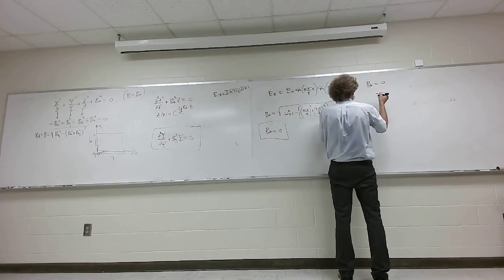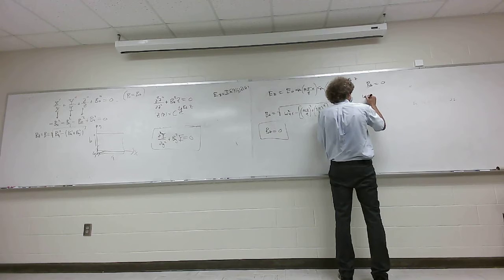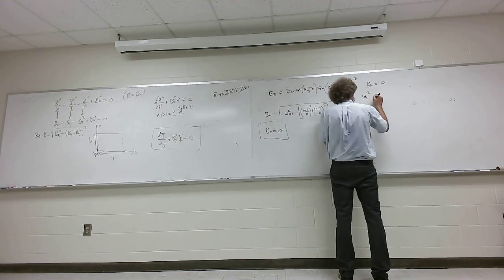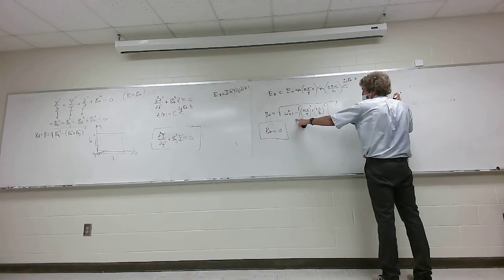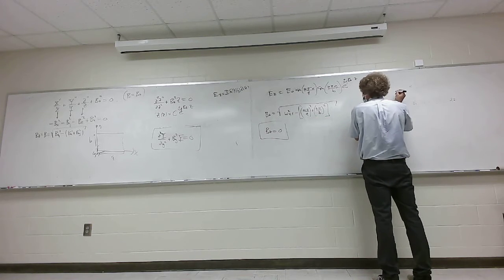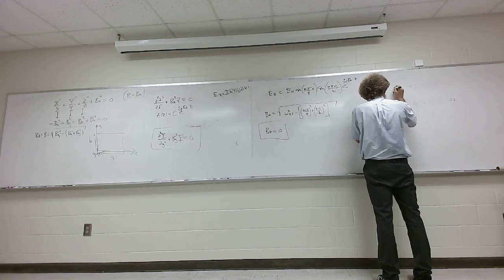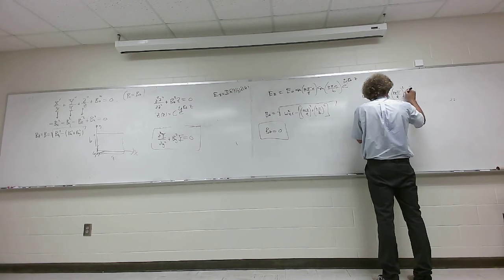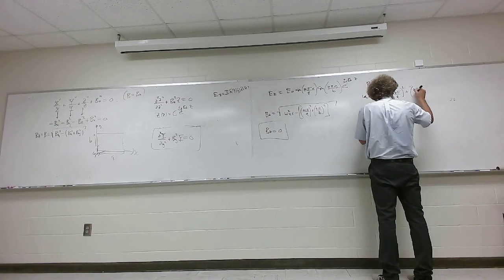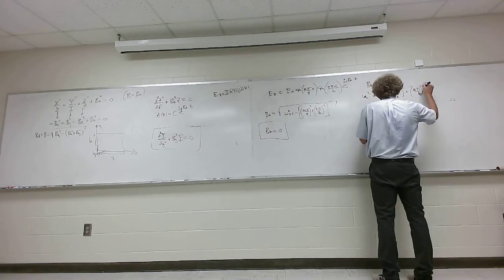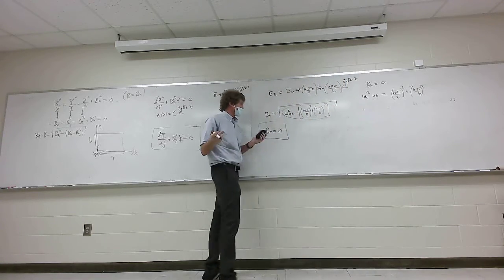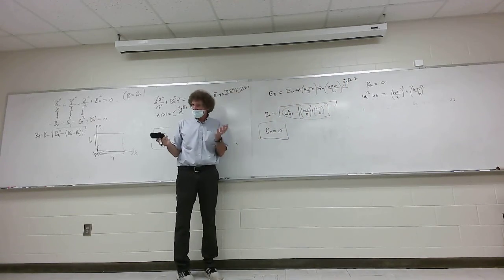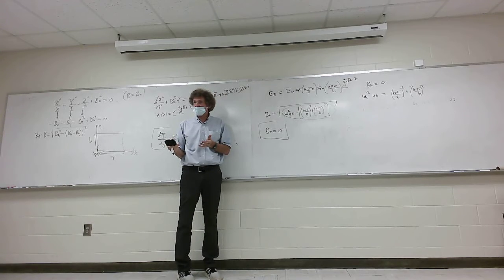Instead of omega, we put omega cutoff squared times mu epsilon, and now I take this to the other side, will be equal to m pi over a squared plus n pi over b squared. The only thing I've done here is I've taken this inner part and set it equal to 0, because if the square root of it equals 0, whatever's inside equals 0. Do you agree with this, class?